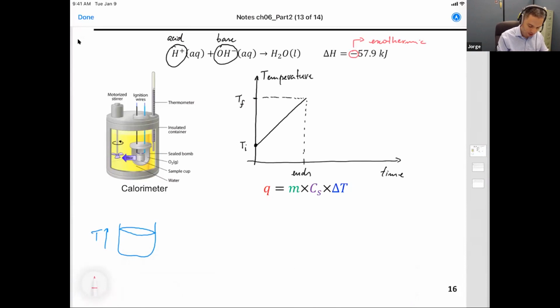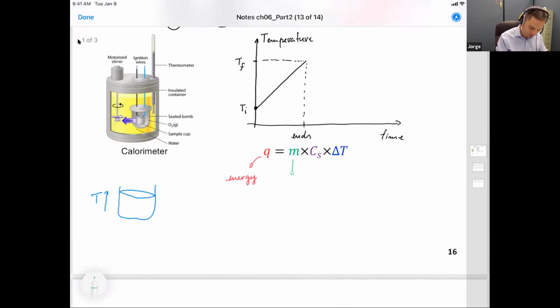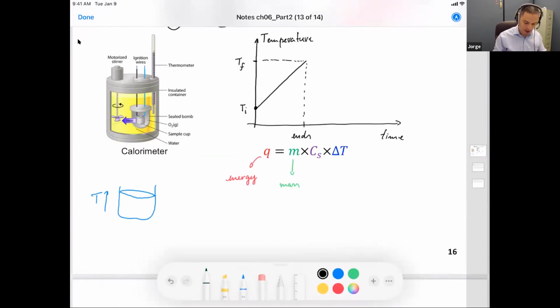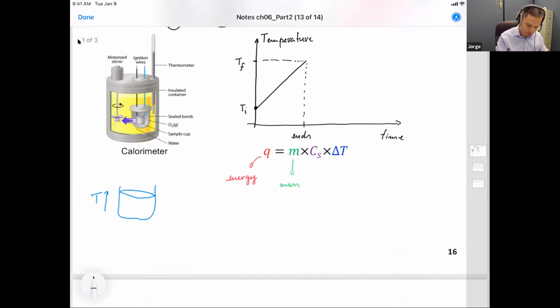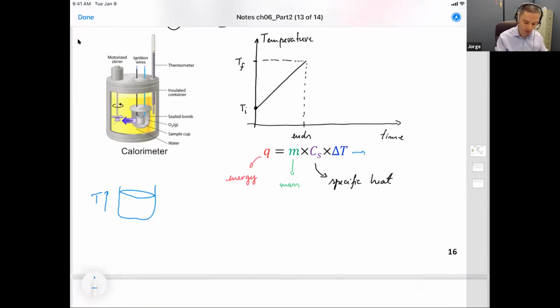This correlation is Q, that's the amount of energy, equals the mass of water times a characteristic of the material called Cs, or specific heat, times the variation in temperature, or the change in temperature.